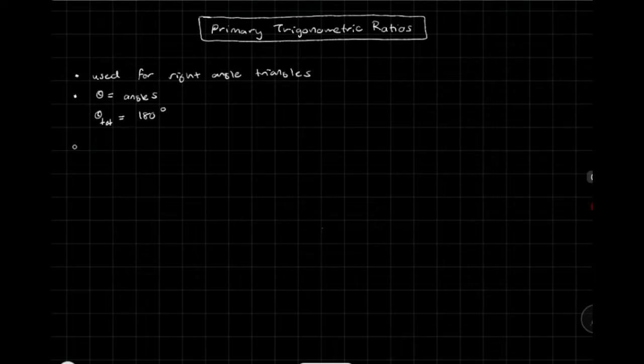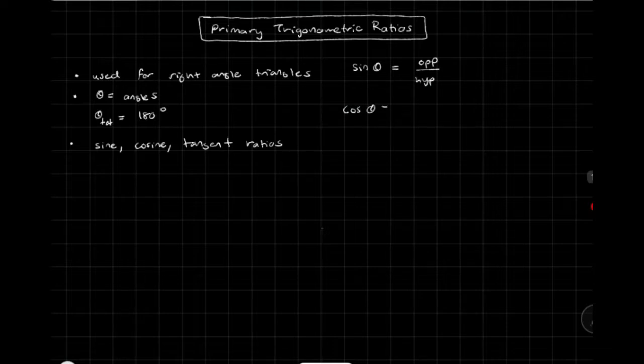The primary trigonometric ratios that we're going to be looking at include the sine, cosine, and tangent ratios. These are formulas that you want to memorize. Sine of an angle is equal to the opposite side over the hypotenuse.